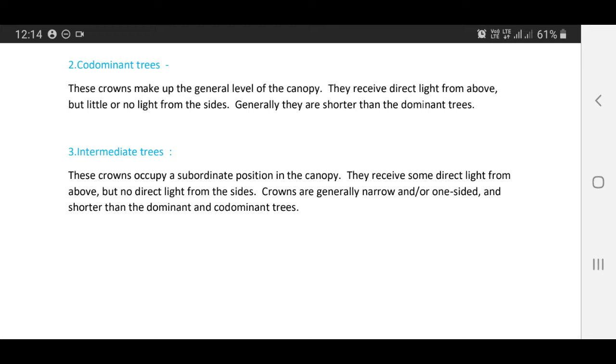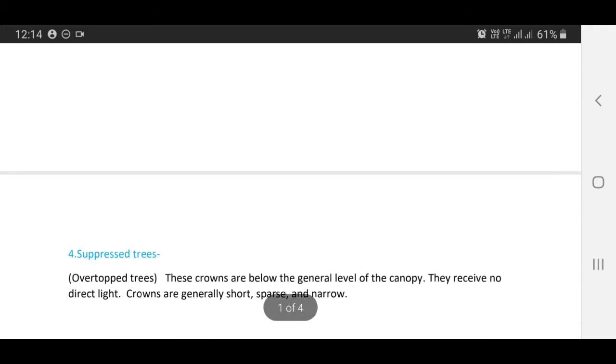Only the crowns and aerial branches will receive light for photosynthesis, and most of the lower leaves remain host leaves. It means they are totally dependent for food material on the aerial leaves. Crowns are generally narrow and one-sided and shorter than the dominant and codominant trees.